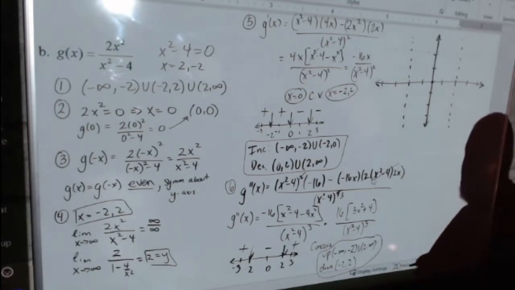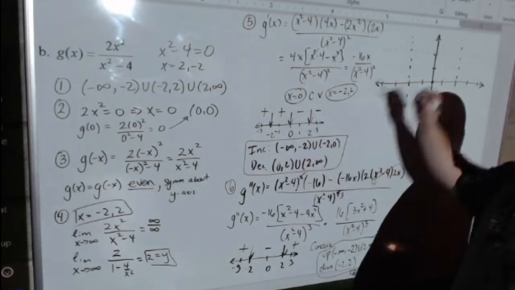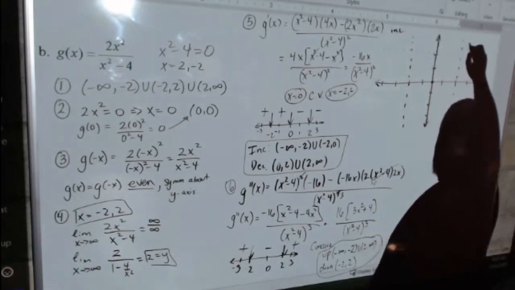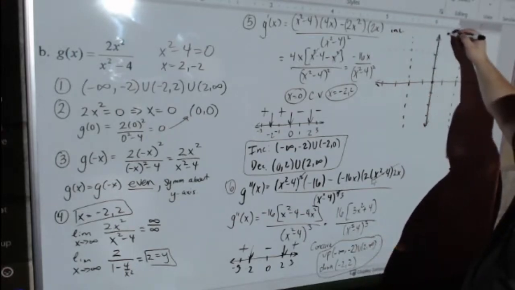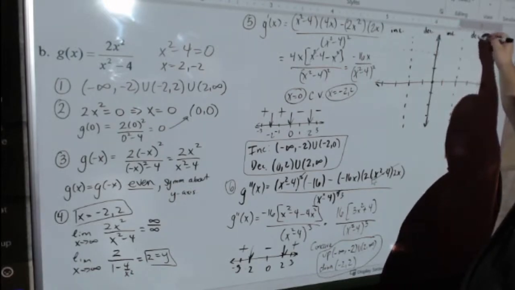We've got to be increasing from negative infinity up to -2, so it's increasing in this region, and then it's increasing here, and then it's decreasing, decreasing.